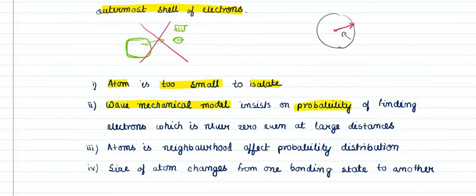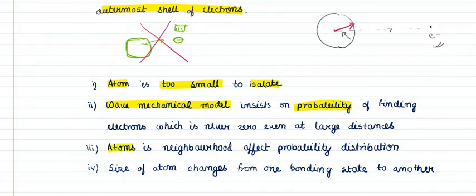This probability is never zero even at very large distances. If we take a very large distance from the atom and place a point, the probability of finding an electron is still there. So we cannot ignore large distances, and the atomic radius would become very large.